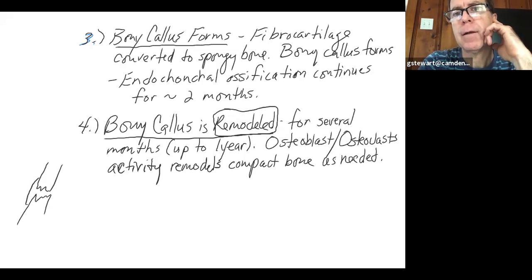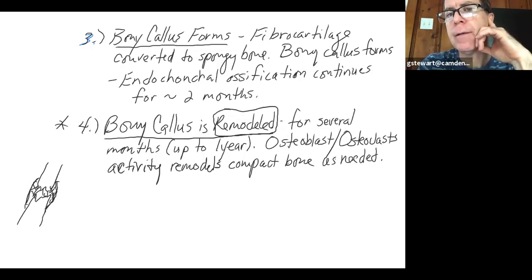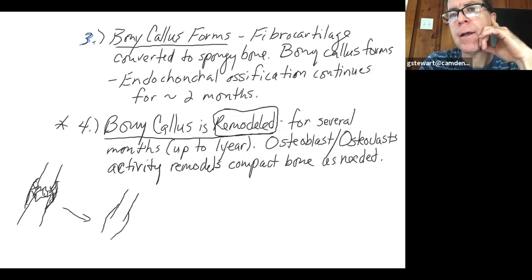So we get spongy bone forming first, high osteoblast activity, then this spongy bone tissue in this area that I've drawn, these little spicules, these trabeculae, that gets remodeled to compact bone eventually, so that broken area mends, and sometimes we can see a remnant in this area, a tiny bit of the original fracture. Depends on the severity of that fracture.